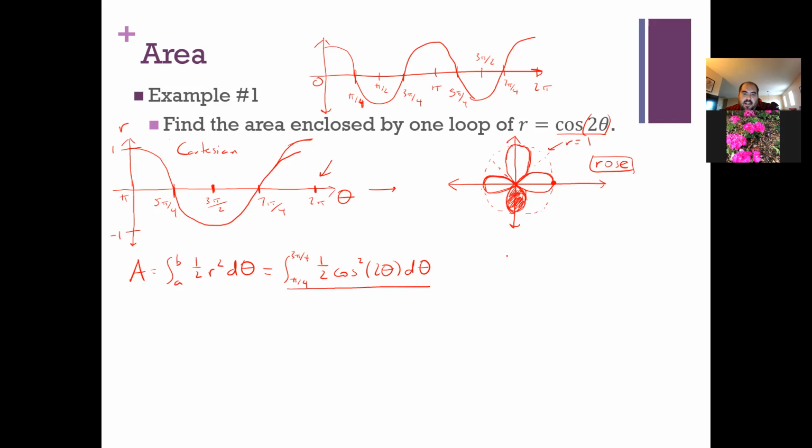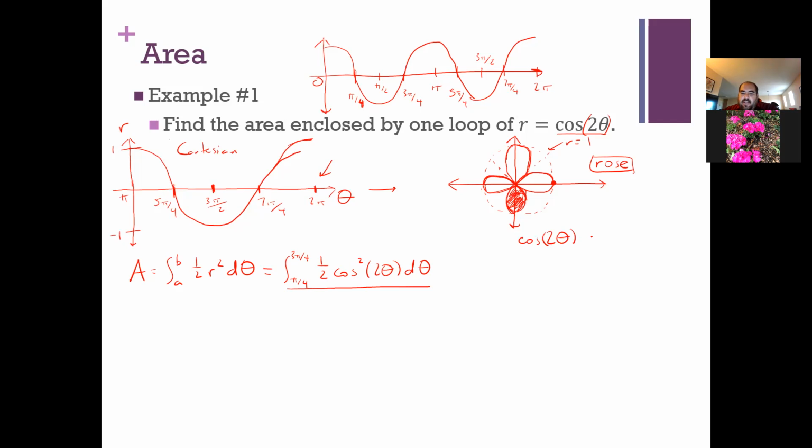Cosine squared theta minus sine squared theta. Okay, so if this was just cosine of 2 theta, then I would agree, but you have this cosine squared here. That's actually what makes this a little more difficult to deal with. But I do think you're on the right track of looking at this double angle identity.